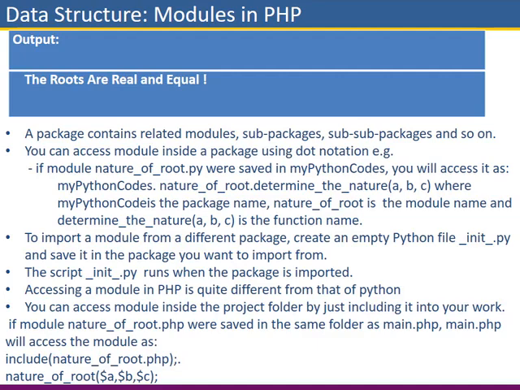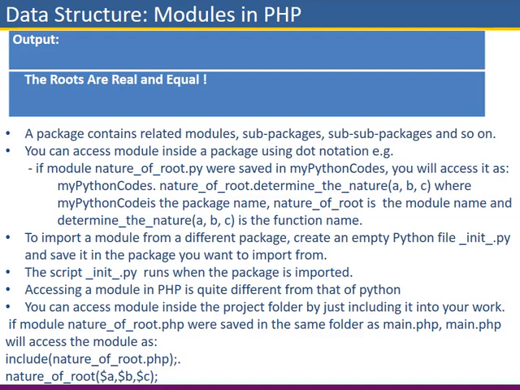If the module nature_of_root.py is saved in my_python_code, you will access it as my_python_code dot nature_of_root dot determine_the_nature, as you can see in the example under Python modules.